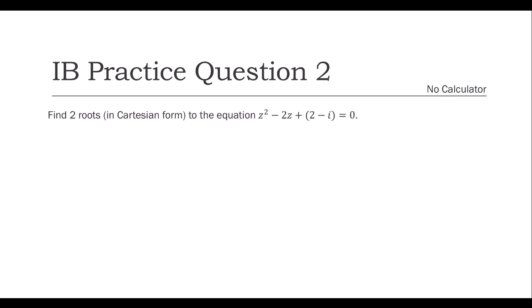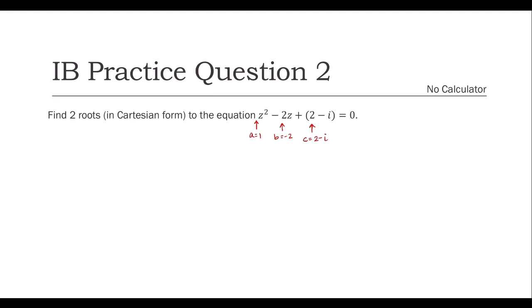So now we have IB practice question number 2, which says find 2 roots in Cartesian form to the equation z squared minus 2z plus 2 minus i equals 0. So our a value is 1, b is negative 2, and c is 2 minus i.